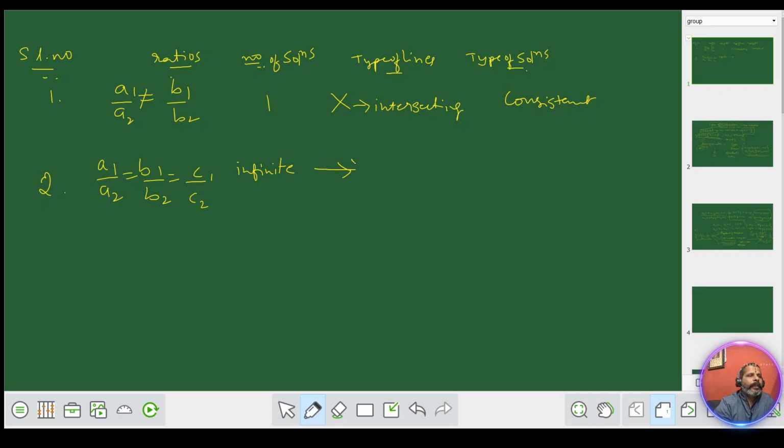They look like this. So that means coincident lines. Type of solutions: dependent and consistent.